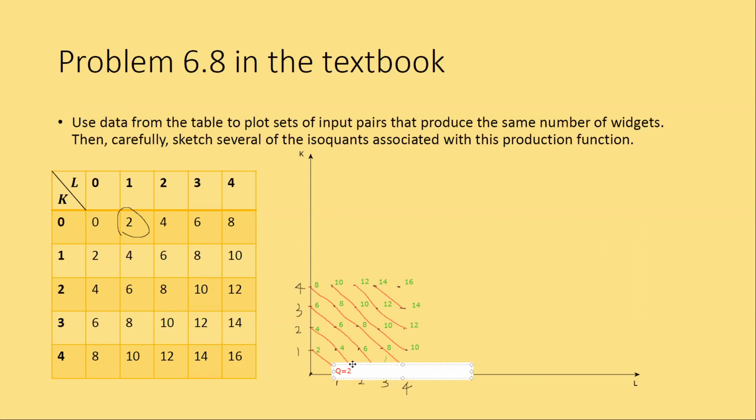So we can use Q equals 2 to represent this first isoquant, Q equals 4 this second one, Q equals 6, Q equals 8, Q equals 10, Q equals 12. And lastly, Q equals 14.